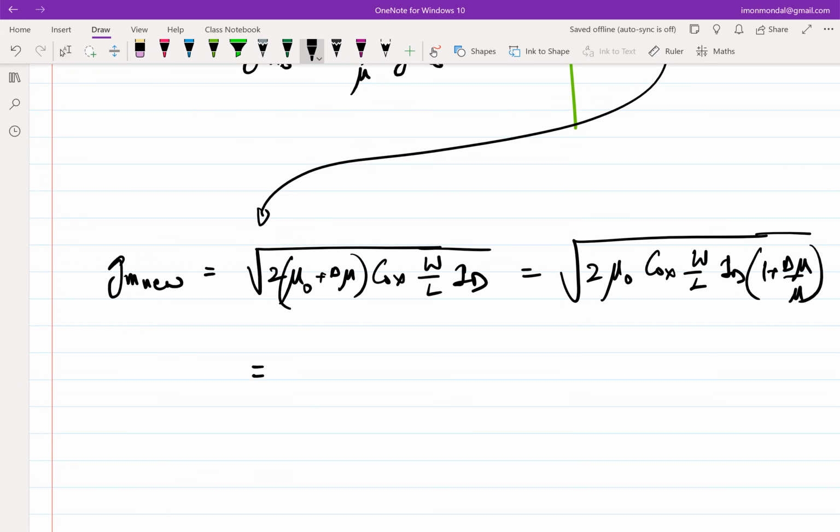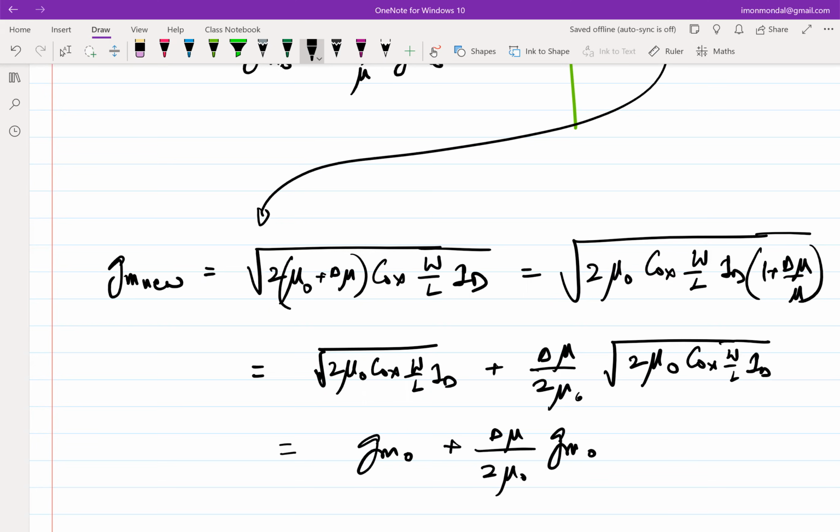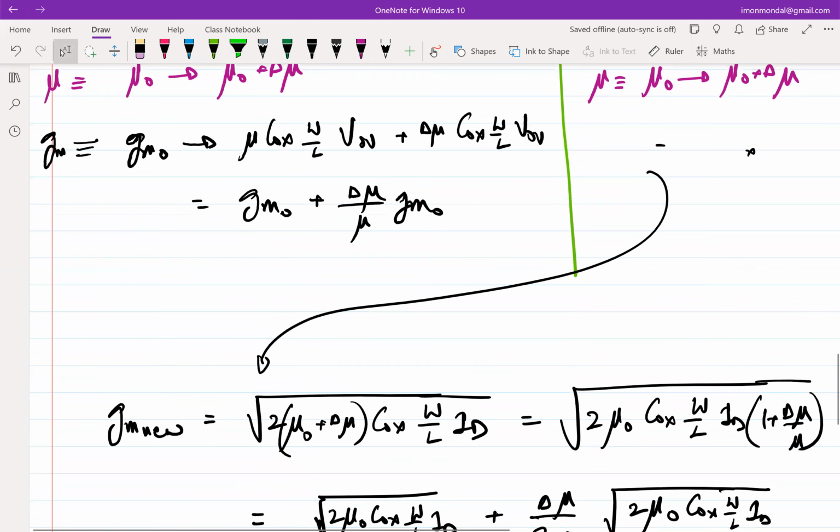So this is the original GM plus delta mu by 2 mu naught GM naught. So this variation is also better by a factor of 2.